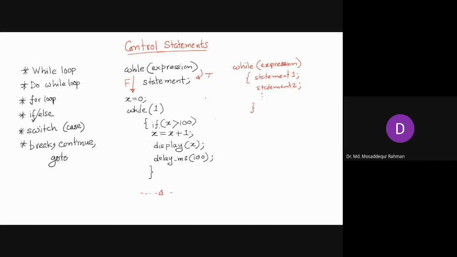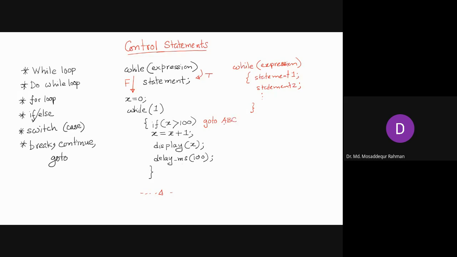So if x is greater than 100, now we want to see how it will work if you use a goto. Goto means you have to mention some address where you want the program to go, right? You will usually indicate that by a label.